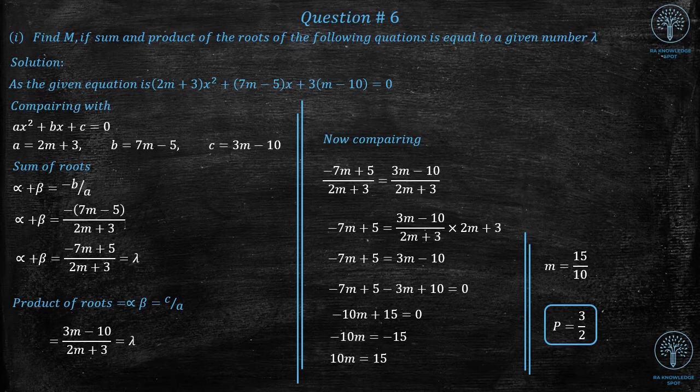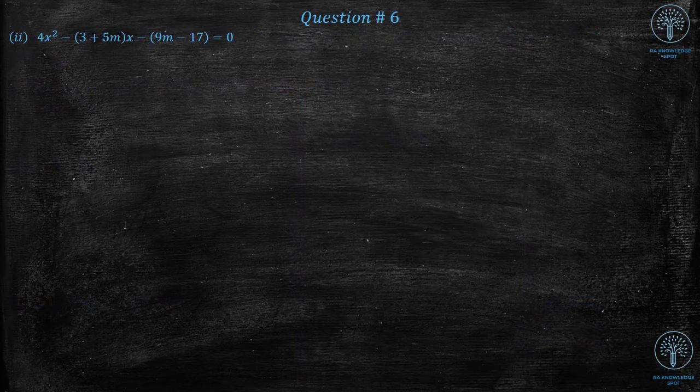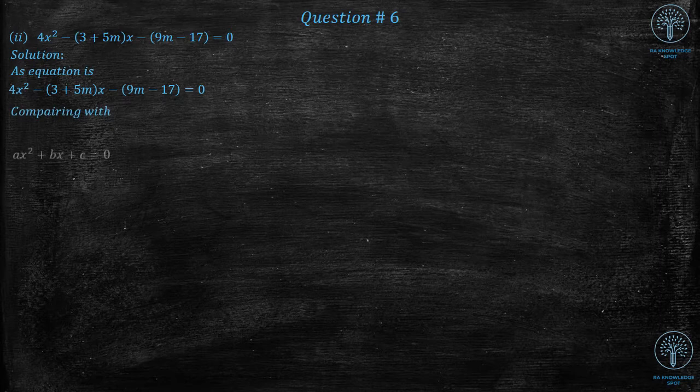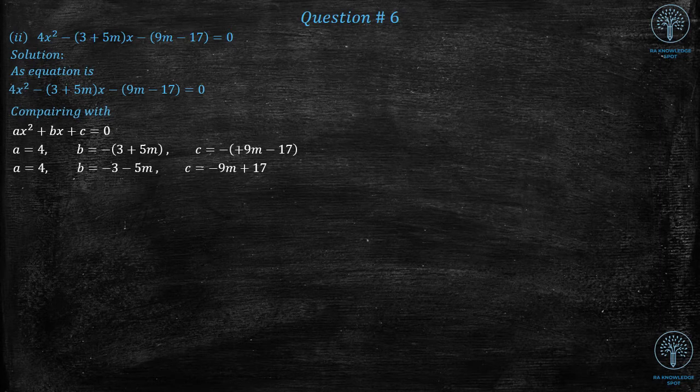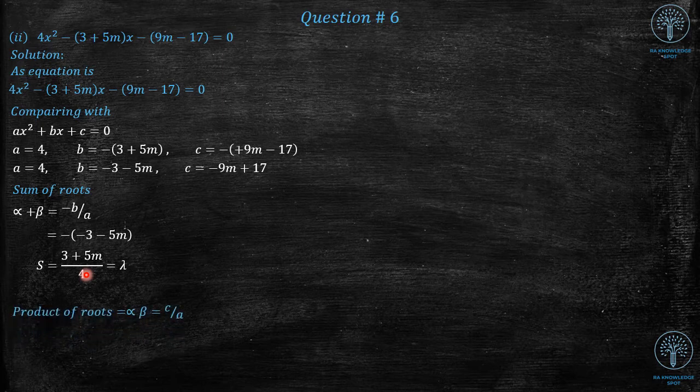There is another part of this, that is number 2. The same method, the same question. As this is the equation, now comparing with this one, having the values, what I have done is minus plus minus and minus minus plus. Also alpha plus beta, putting the value this way, that is 4, equal to lambda.